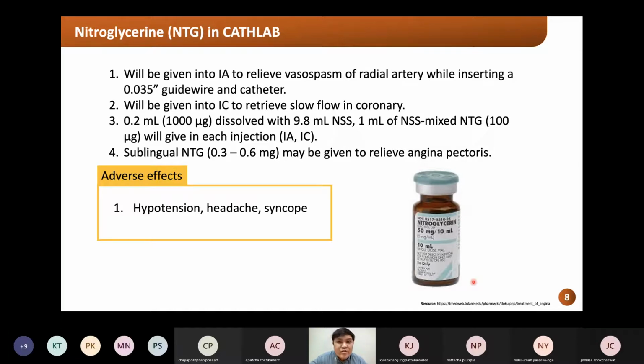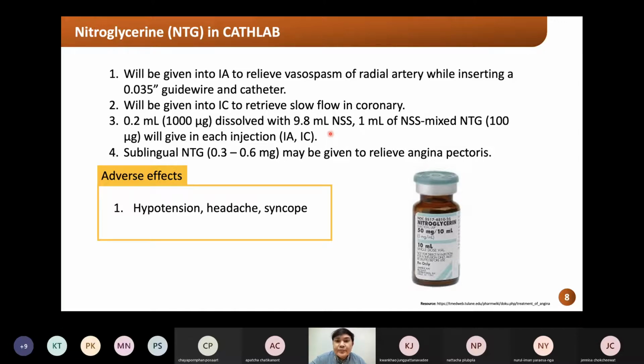So in this case, you have to draw NTG from this vial only 0.2 milliliter. And then you dilute that with 9.8 milliliter of normal saline that already contains heparin. I will tell you later about the dose of heparin to put in the normal saline.